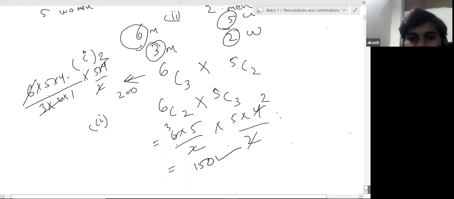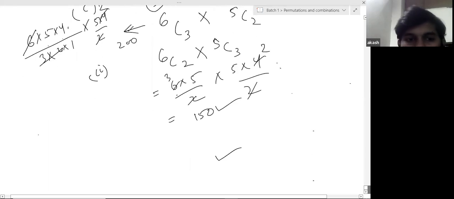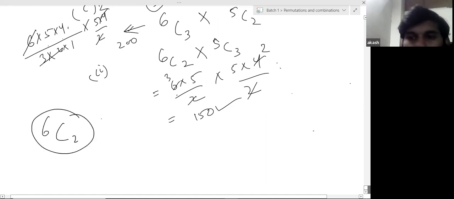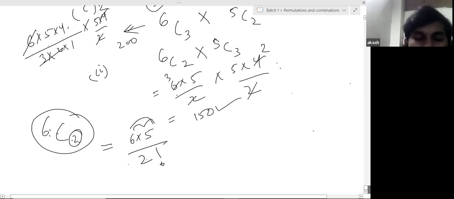All right. See, the easy way to calculate the C and everything is, if you have 6C2, you may use it or may not use it, it's your choice, not compulsory. If you have 6C2, write it as 6 into 5, 2 terms, because 2 is written here. 6C2 is 6 into 5 upon 2 factorial, because 2 was here. Just a little trick.